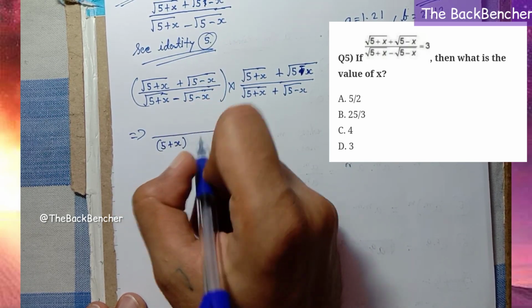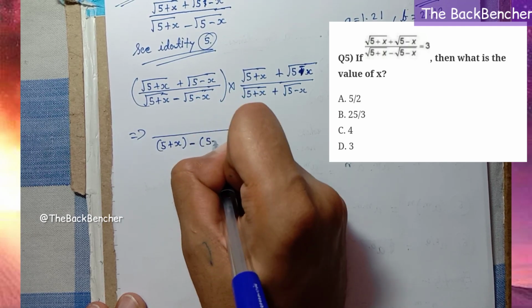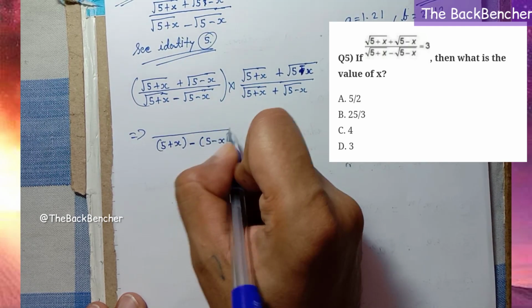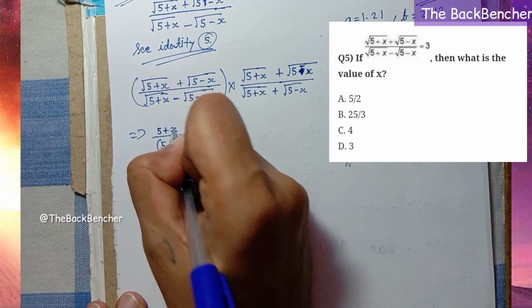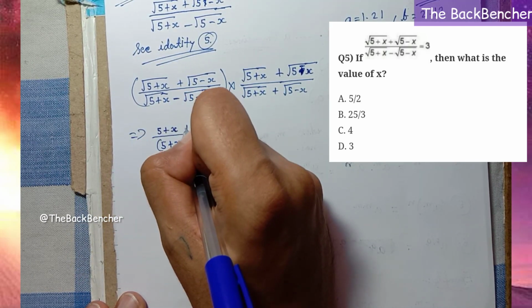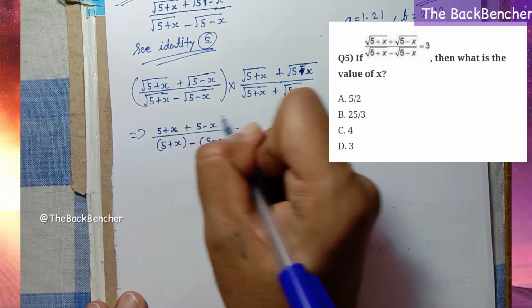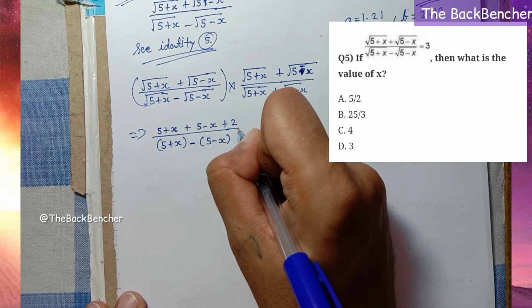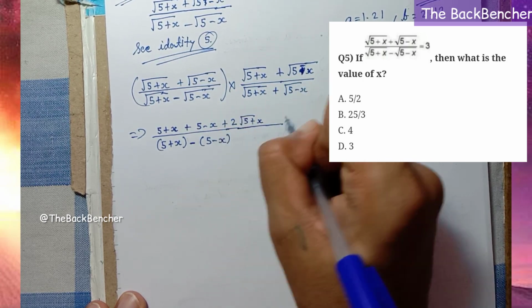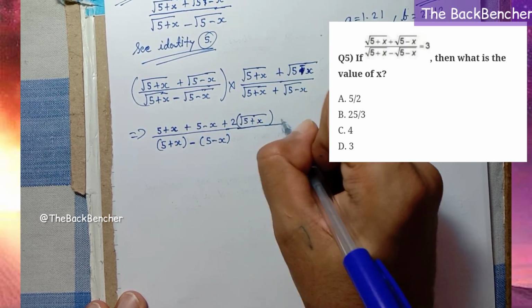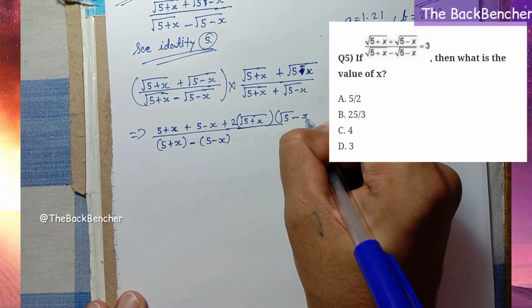After simplifying it, you will get 5 plus x minus 5 minus x in the denominator. The numerator will be 5 plus x plus 5 minus x plus 2 root 5 plus x and root 5 minus x.